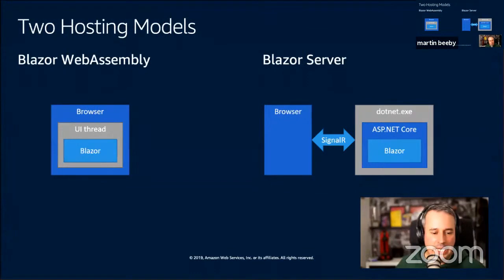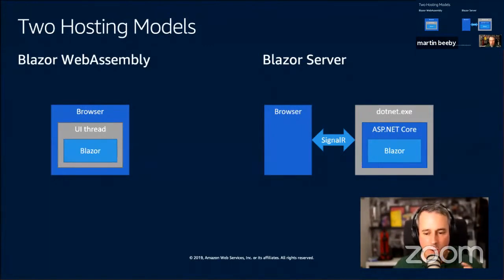It does mean that the browser basically has to support WebAssembly, which most modern browsers do. And there's a little bit of weight, because it has to download the application at the start, since it's actually downloading DLLs. So there is a little bit of a jitter as an application starts, which might not be ideal. But generally speaking, I think Blazor WebAssembly is really interesting.